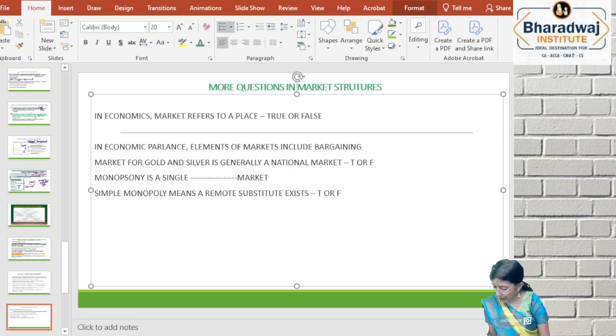Ability to pay comes under dash type of price discrimination.